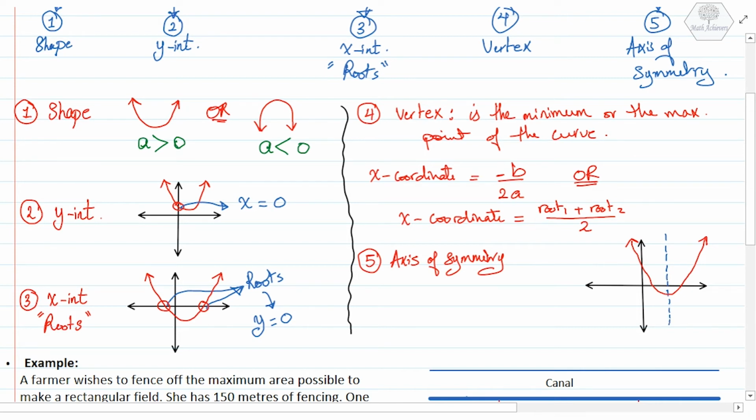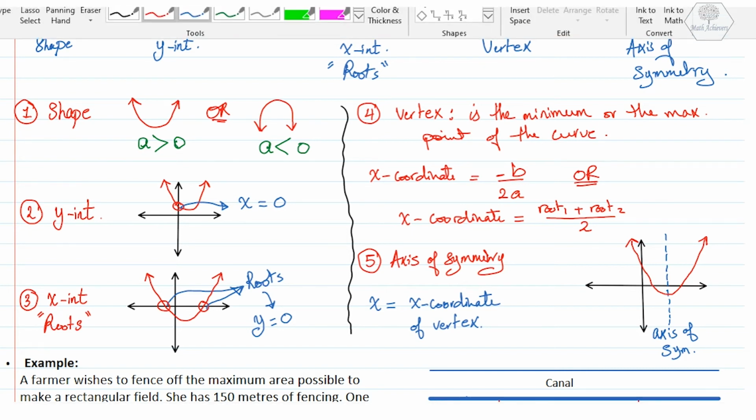This is the axis of symmetry. The equation of the axis of symmetry is simply x equal to the x-coordinate of the vertex. So the equation of the axis of symmetry is either equal to minus b over 2a or equal to root 1 plus root 2 over 2.